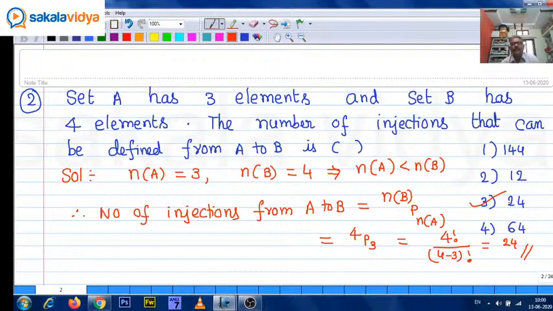See what is the formula actually we have here? You remember nPr equals N factorial upon N minus R factorial. Am I correct? This is the formula.